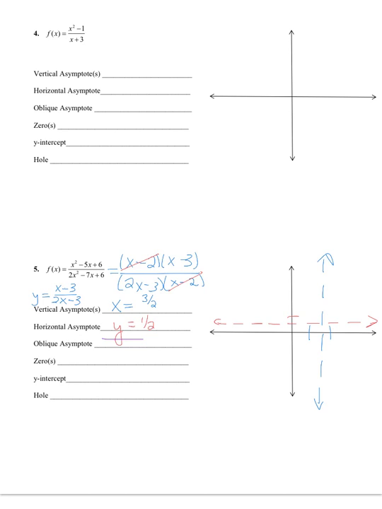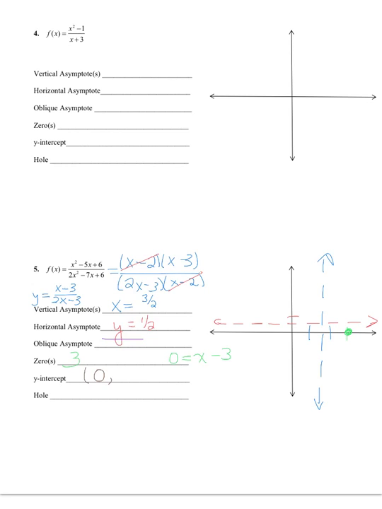Zeros, remember we're using our new rational function. So here I'm going to let 0 equal x minus 3, and I'm going to end up with 3. My y-intercept will be 0 into our new rational function.